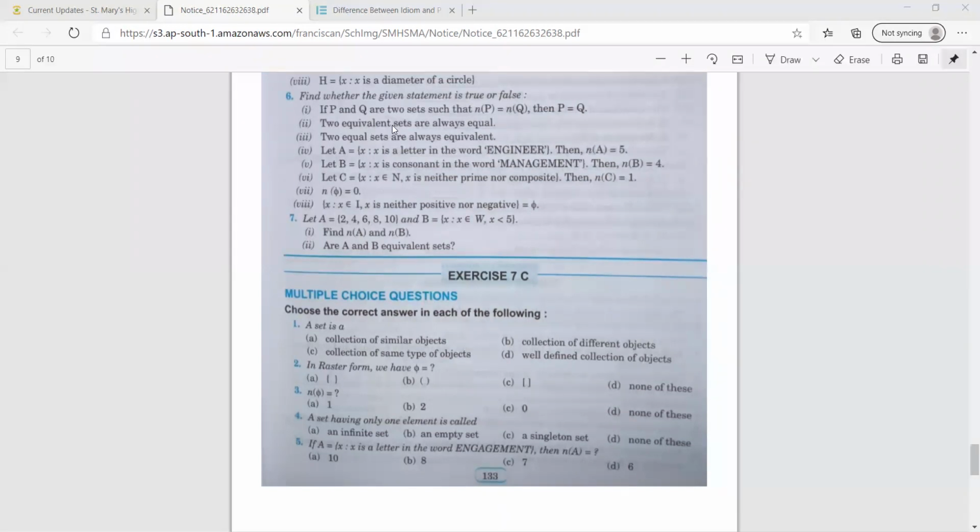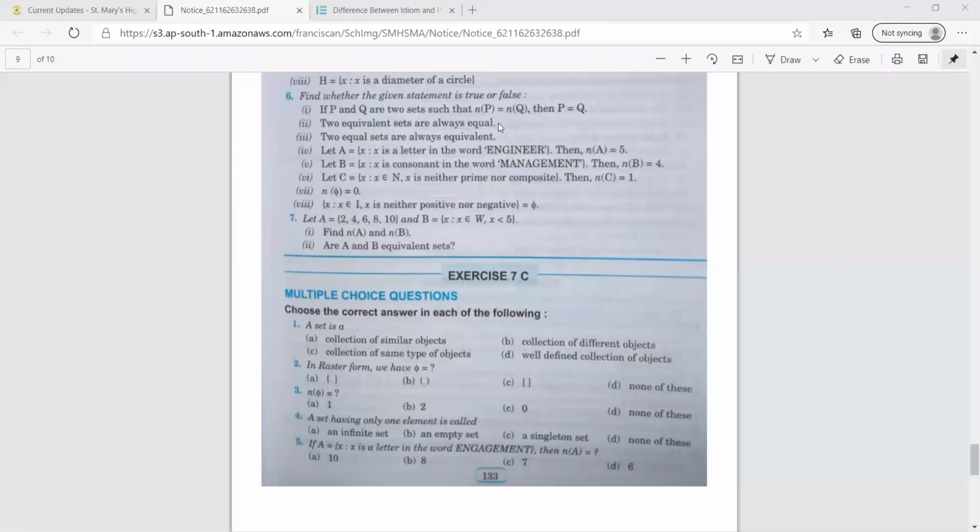Two equivalent sets are always equal. Equivalent sets means their cardinal number is same. Okay, so will they always be equal? No. Just now I gave you an example. In this P is 1, 2, 3, Q is A, B, C. So the cardinal number of both is the same, but they are not equal.